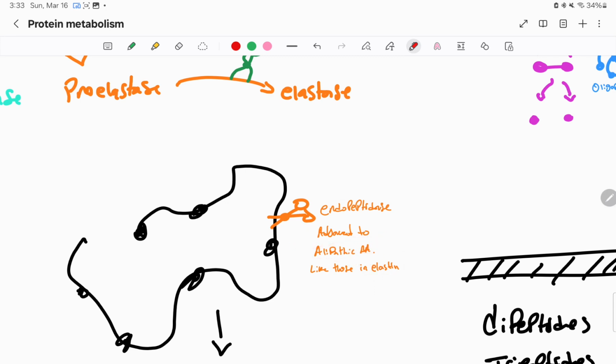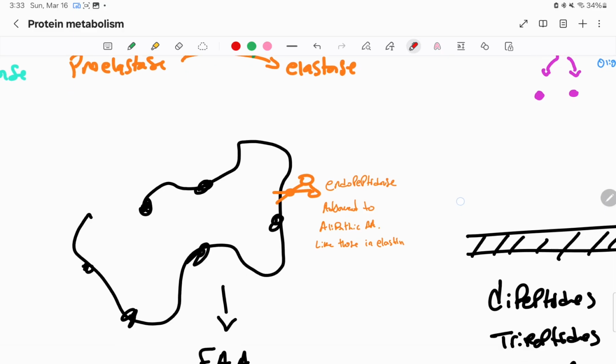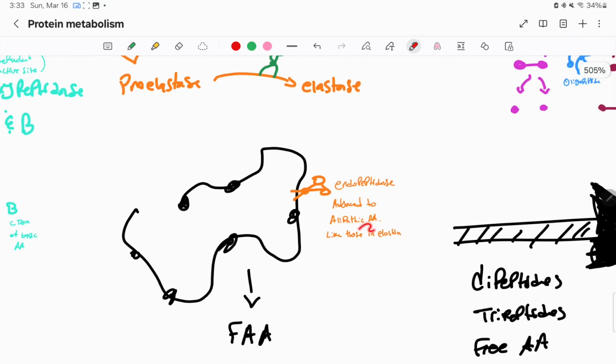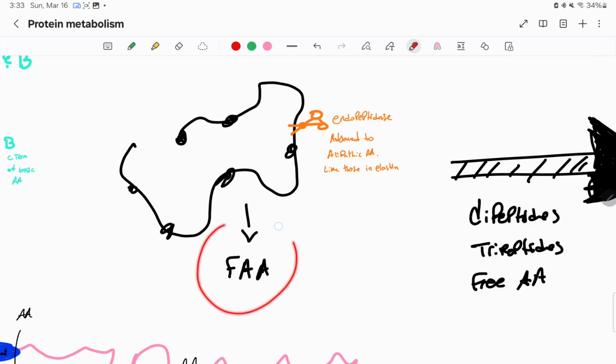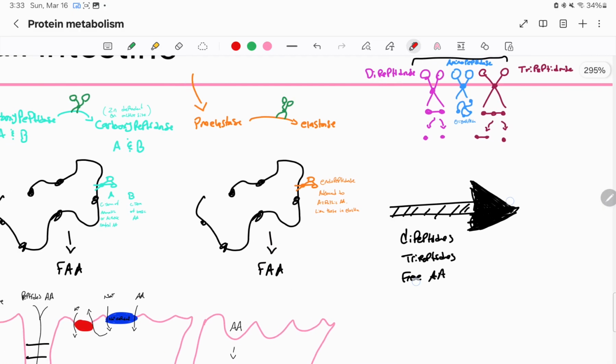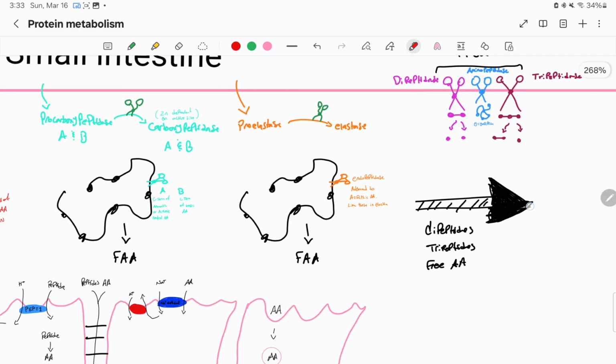If you guys remember, aliphatic amino acids are just non-polar amino acids, okay? So things like glycine, alanine, methionine, all that stuff. And again, digestion with those guys will give us some free amino acids as well, okay?